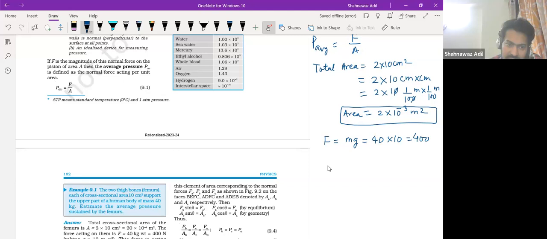Then we can calculate pressure is F by A. So this is 400 divided by 2 into 10 to the power minus 3, and this is 200. So 200 into 10 to the power plus 3 Pascal. So this is 2 into 10.